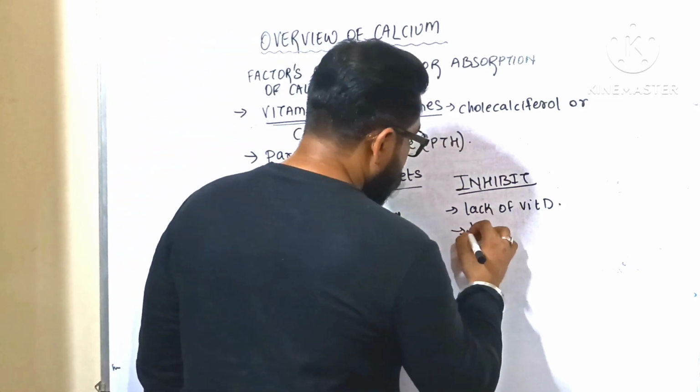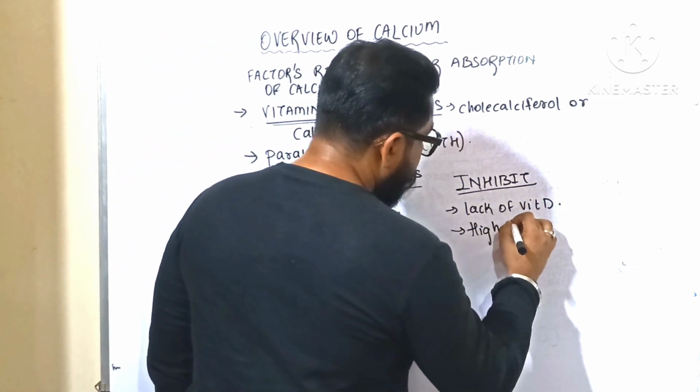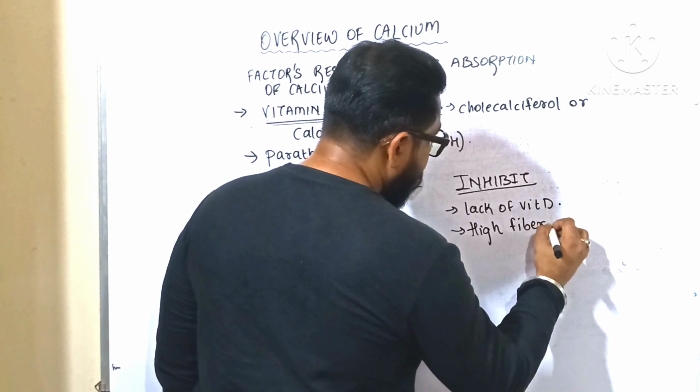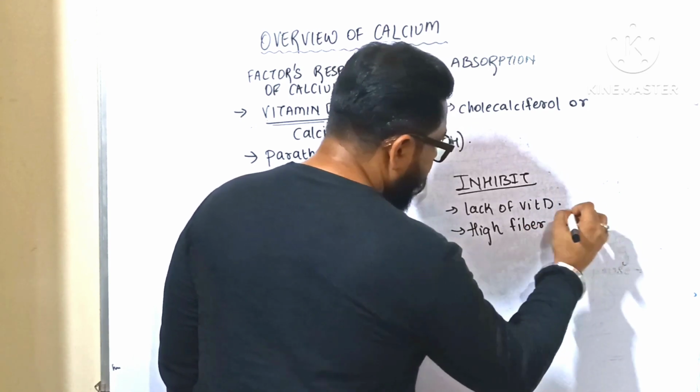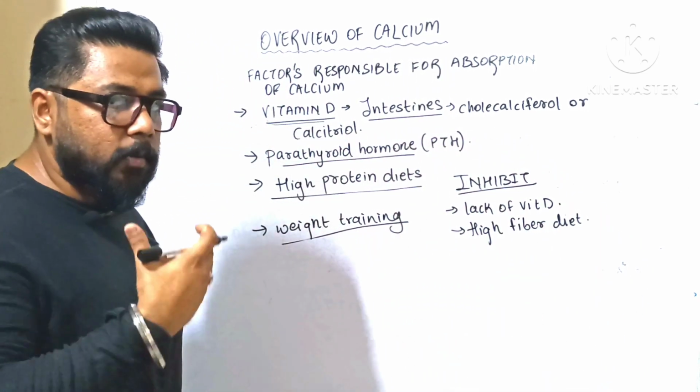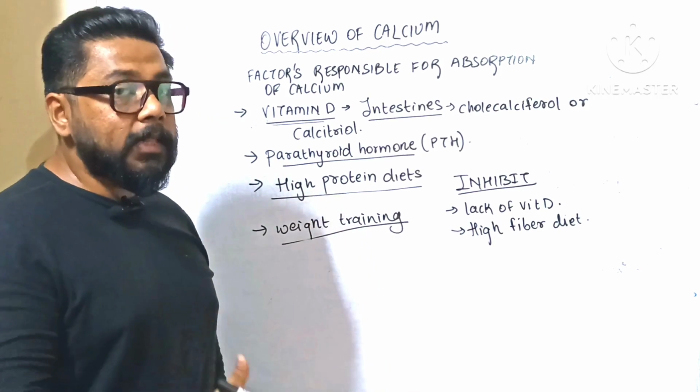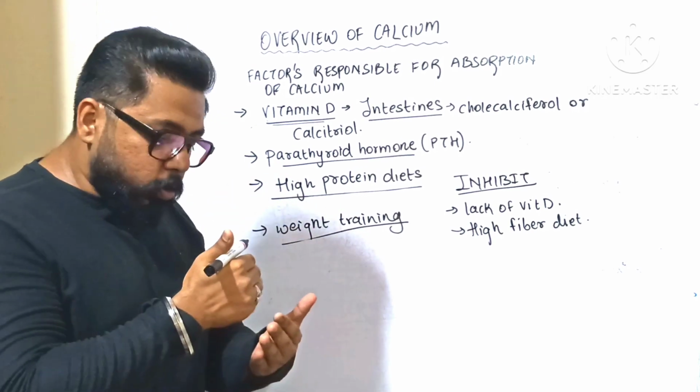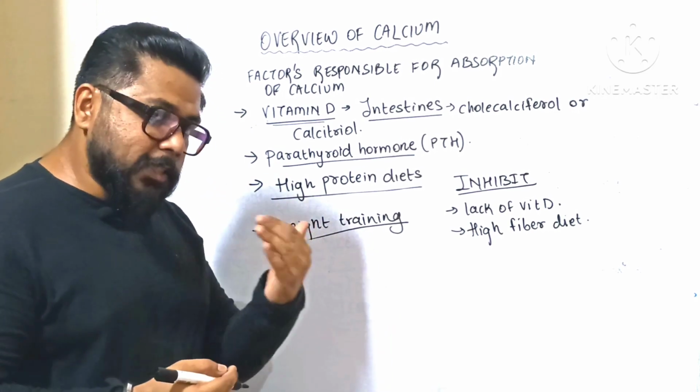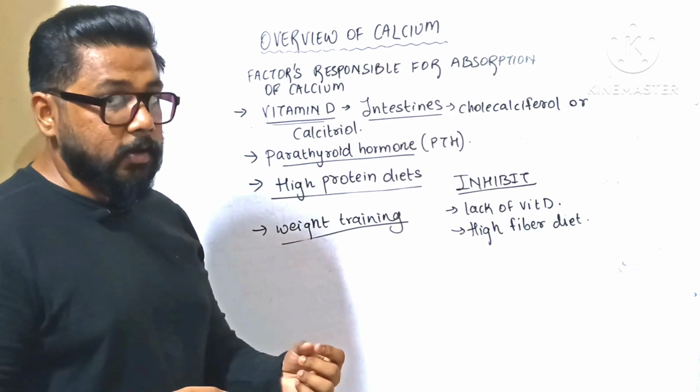Second, somebody who is having a high fiber diet, a higher amount of fiber in their diet, this is going to inhibit the calcium absorption from the intestine.